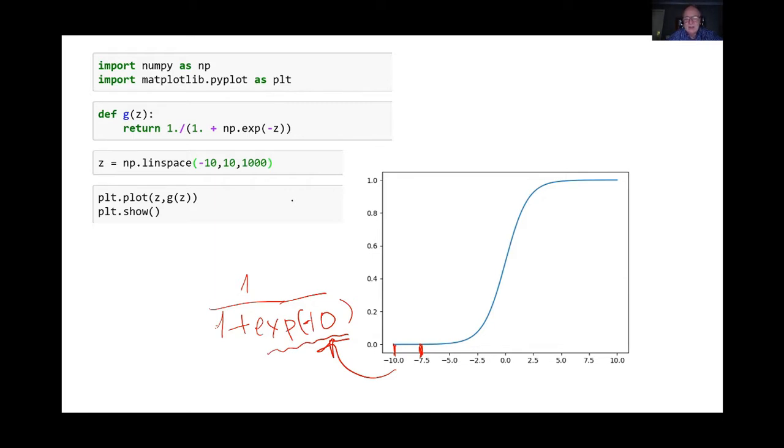So out here we're close to 1, and on the negative side we're close to 0.